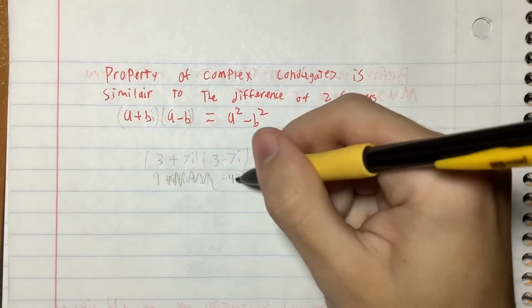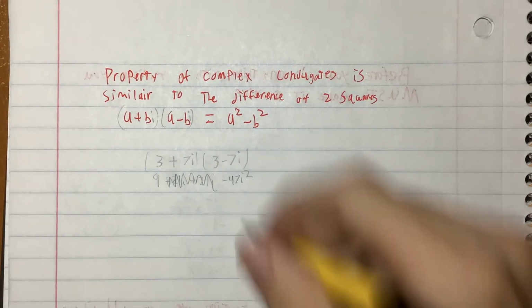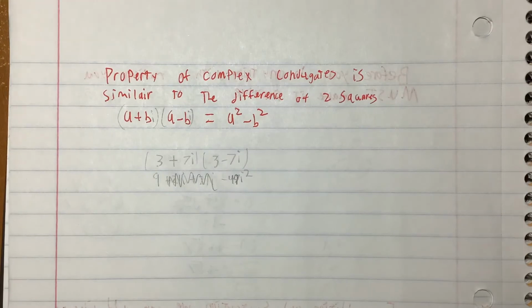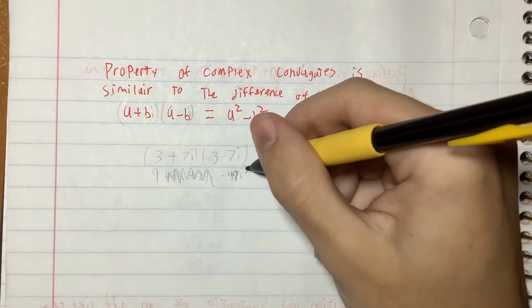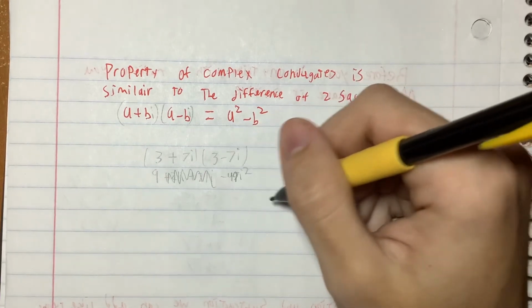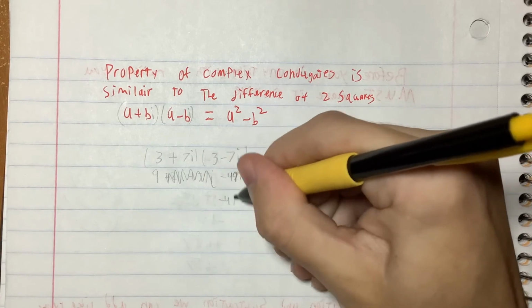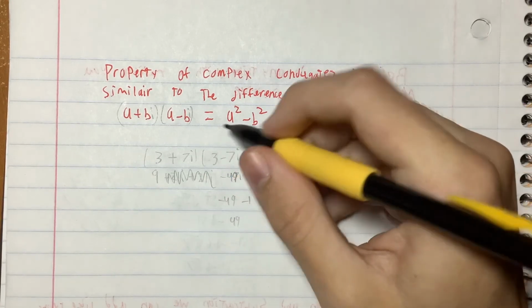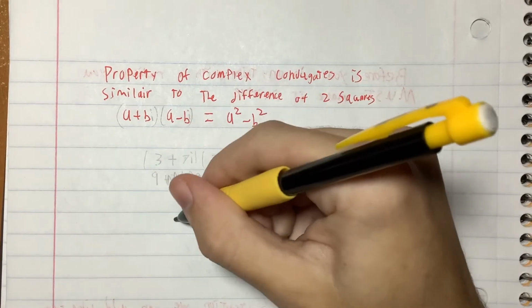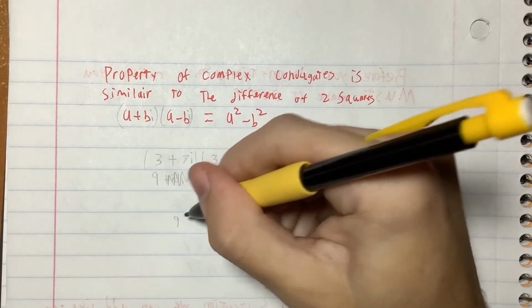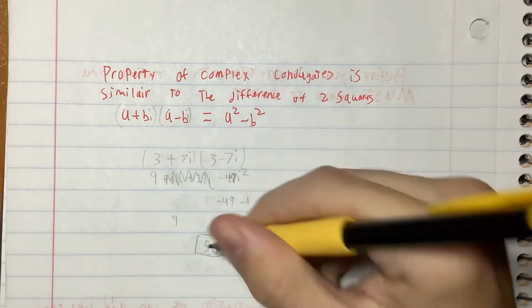So we have our 9, and we have our negative 49 i squared. And if we do simplify this, i squared will equal negative 1, and negative 49 times negative 1 will equal 49. So 7 squared equals 49, and 3 squared equals 9. So add them together, and we will get 58. Final answer.